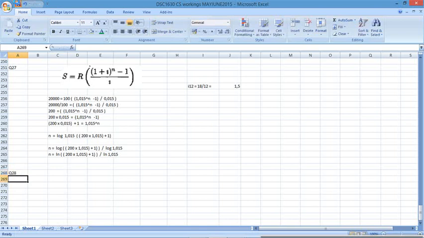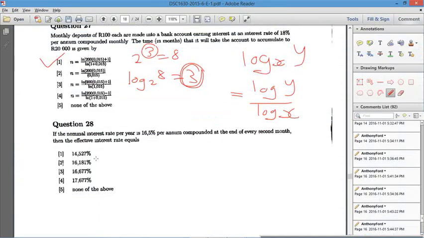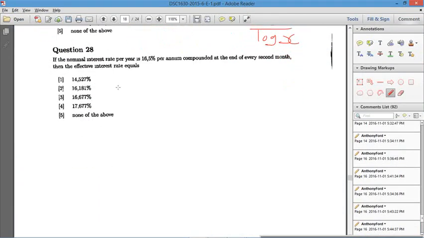Alright, so very mathematical there, trying to get the correct answer using a formula. Question 28: the nominal rate is given, compounded every second month, so that's i6. They want to know the effective interest rate, which is your EFF calculation.